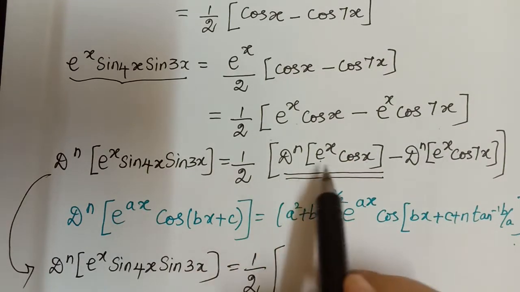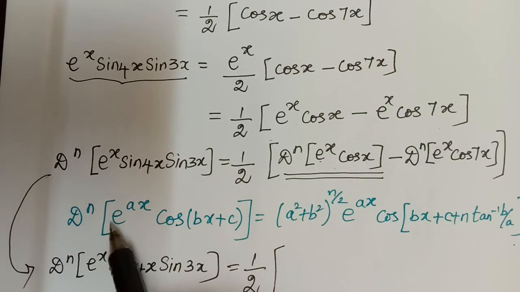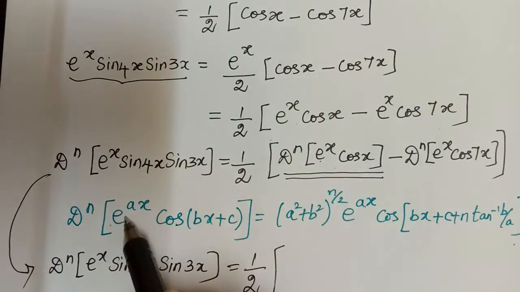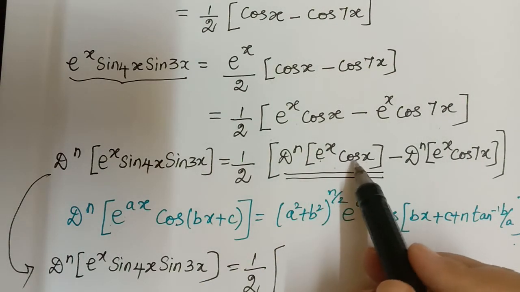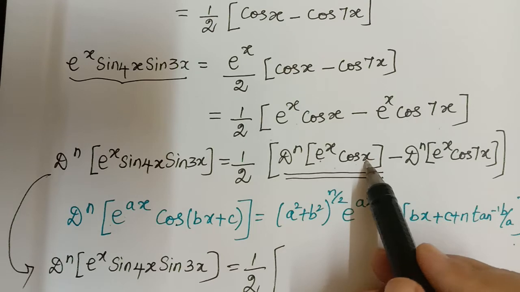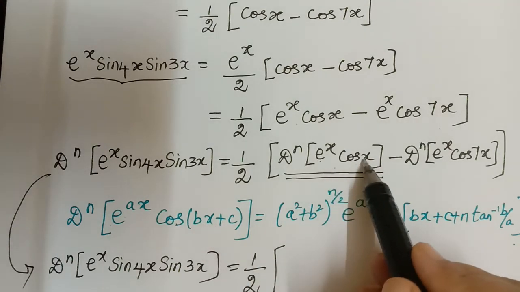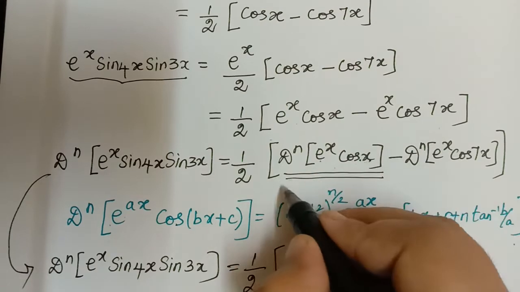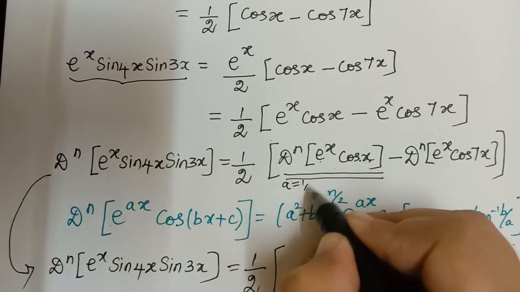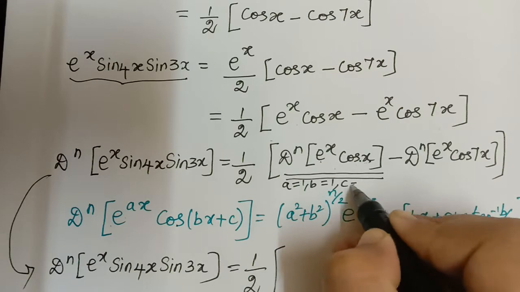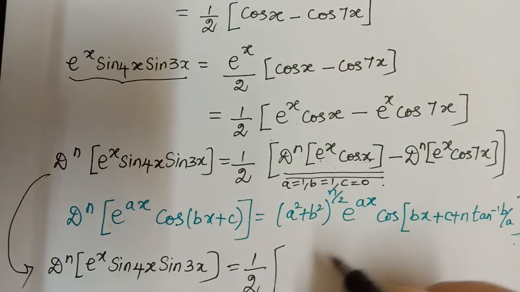So we have to compare with this formula. The value of a here is 1, and for cos bx, the coefficient of x is b, so here the coefficient of x is 1. So a is equal to 1, b is equal to 1 and c is equal to 0.